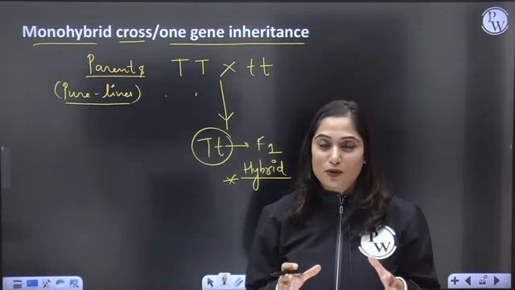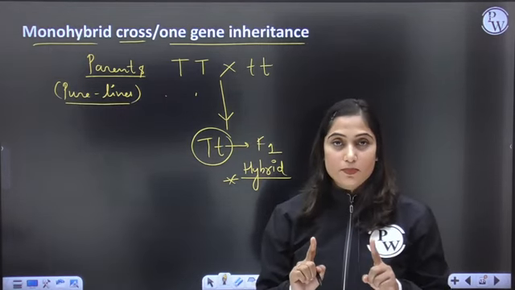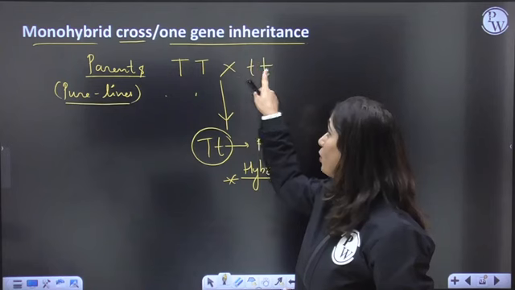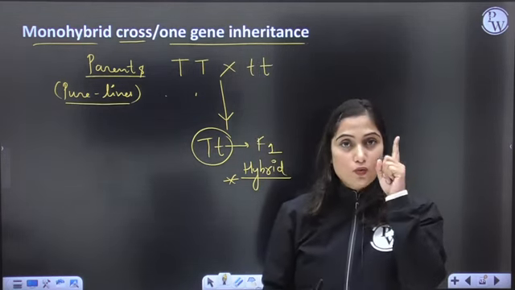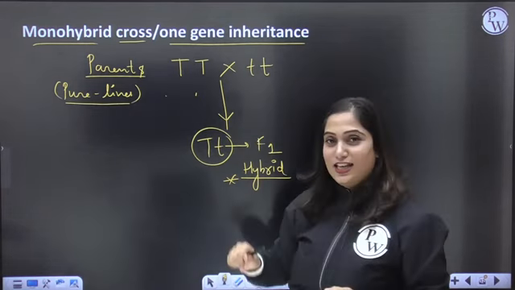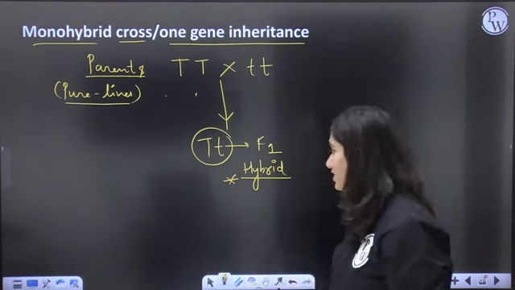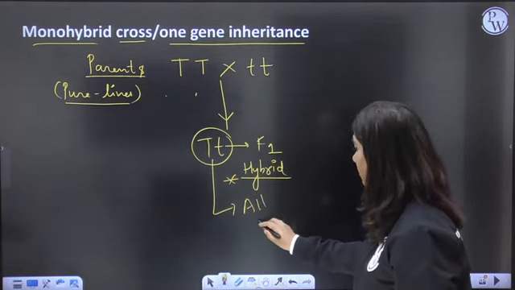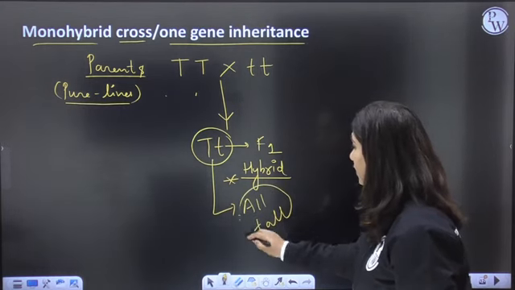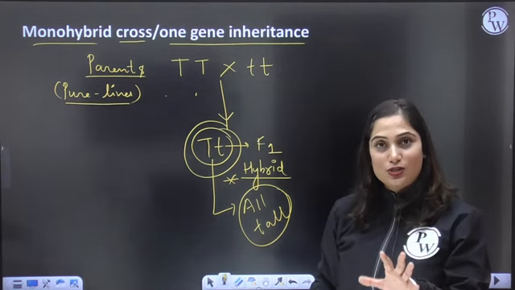This would be false, because the F1 hybrid is genotypically dissimilar from both the parents, but it is phenotypically similar to one of the parents, and that is the dominant parent. And there is no ratio in the F1 generation, because in the F1 generation all are heterozygous tall.